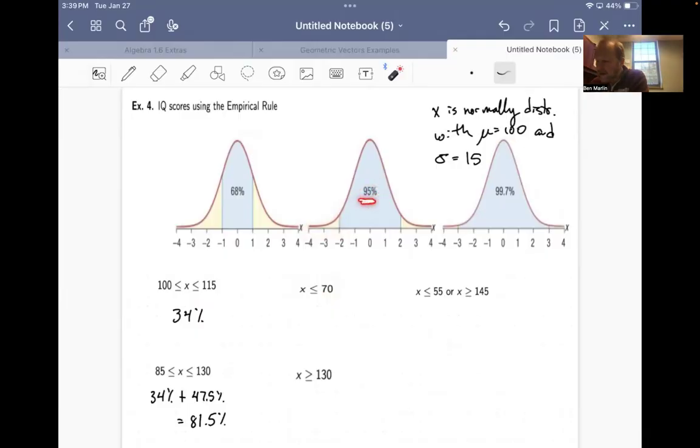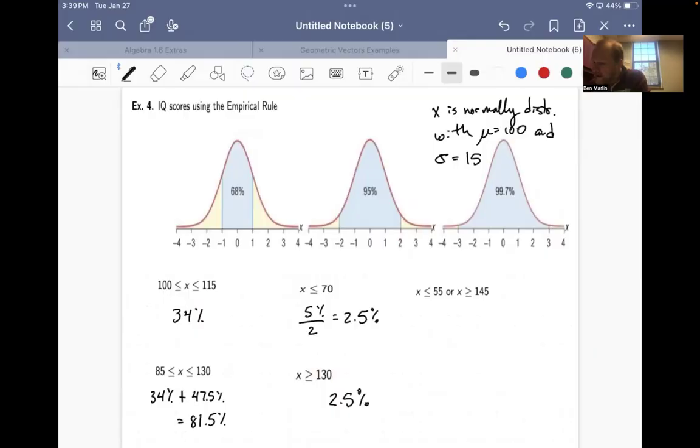If the middle is 95%, then the two ends are 5%, but we only have one end, so about 2.5% of the population is below that. The same idea happens with this one, except it's on the upper end, so that one is also about 2.5% of the population.